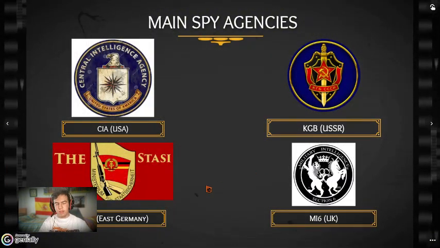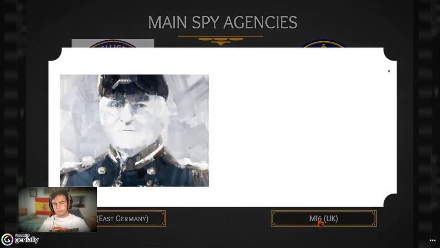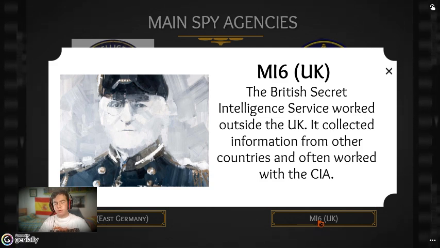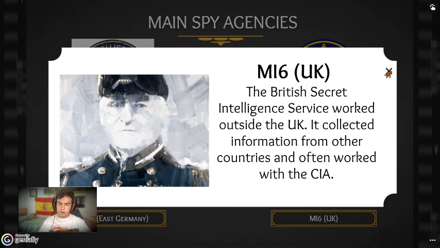Later we have MI6 of the UK, the British Secret Intelligence Service, working outside the UK. It collects information from other countries and works with the CIA.